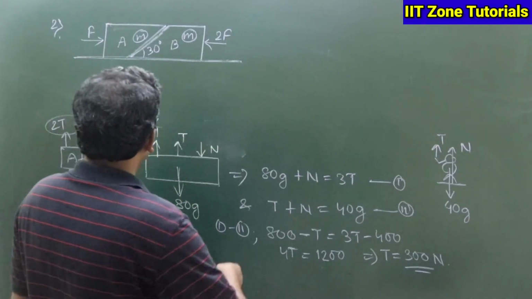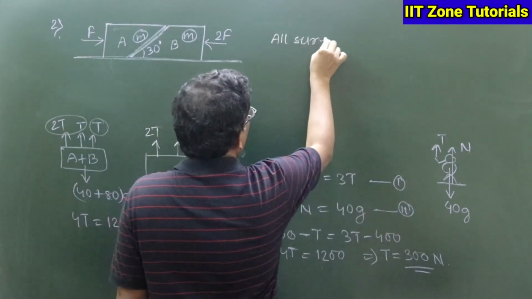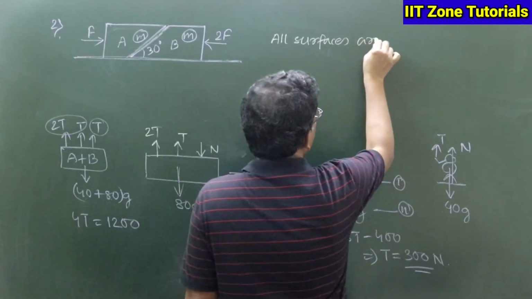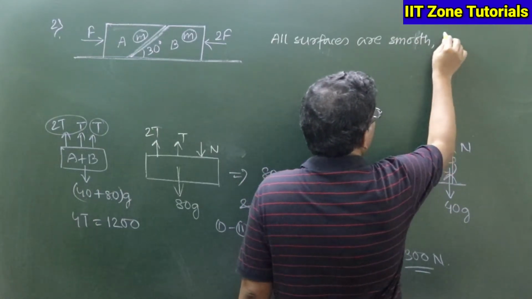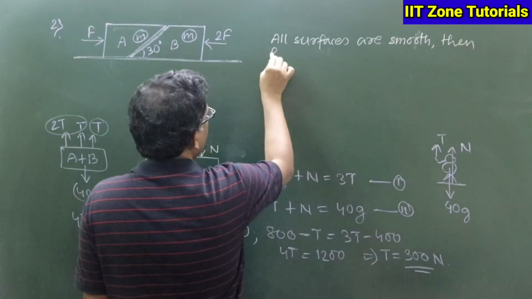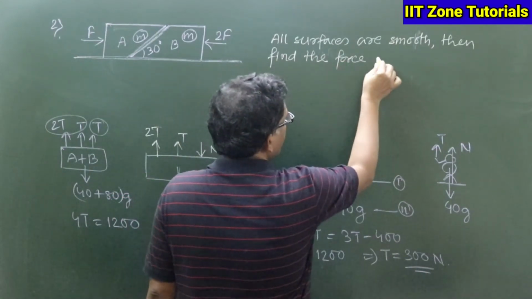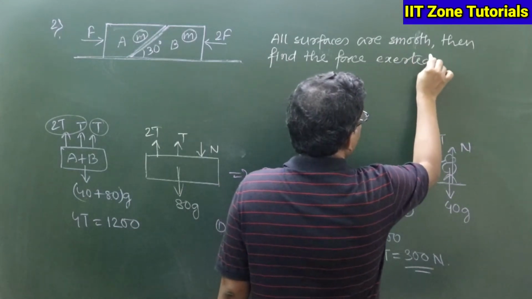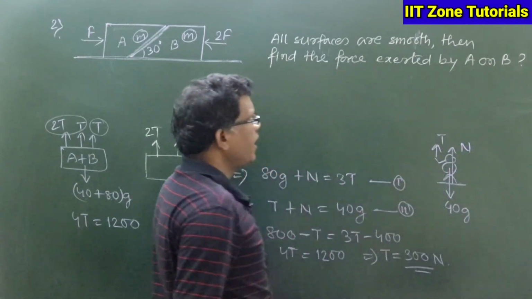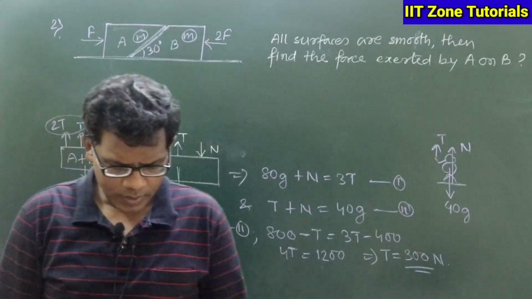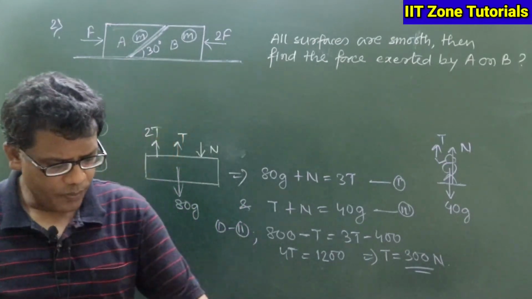So here we have to find that all surfaces are smooth, then find the force exerted by A on B. Find the force exerted by A on B. We have to calculate this value, that is the contact force.